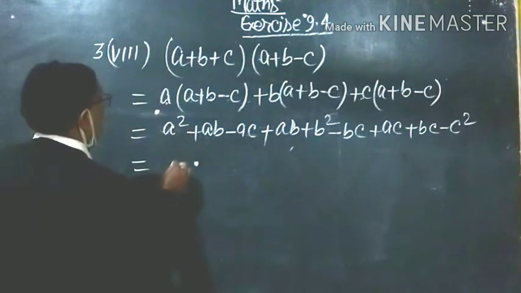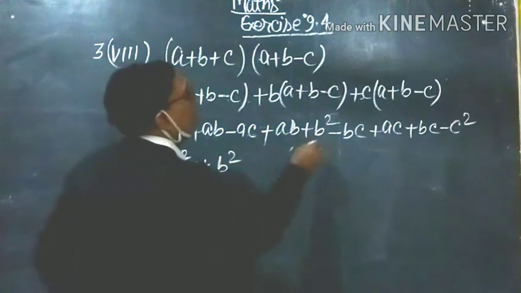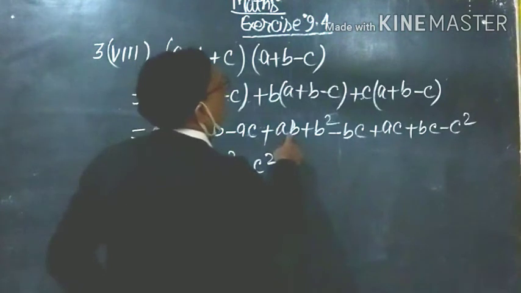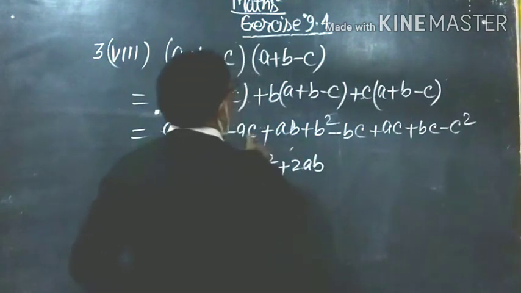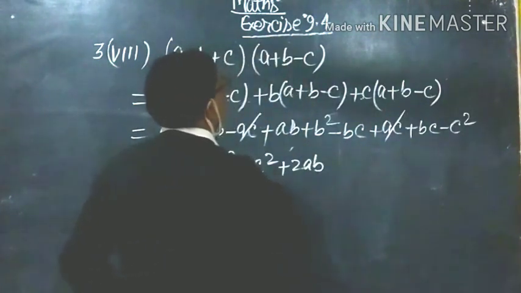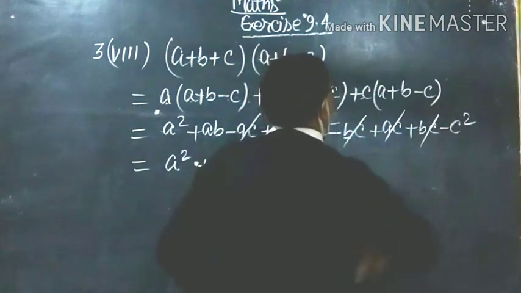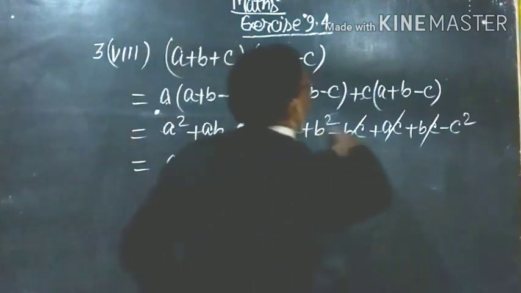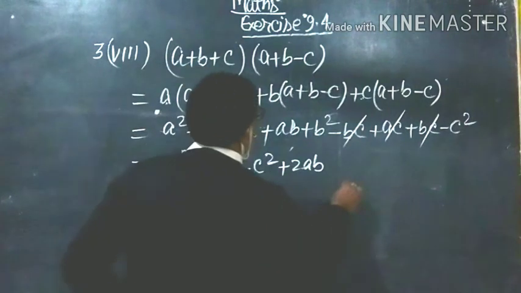First you write a square plus b square minus c square, then ab plus ab, 2ab. Minus ac plus ac is cancelled here. Minus bc plus bc is cancelled here. Means you get a square plus b square minus c square plus 2ab. It is your answer.